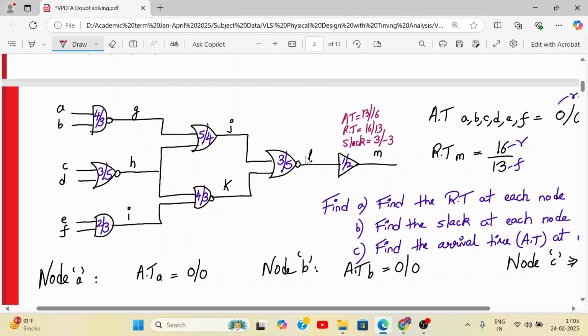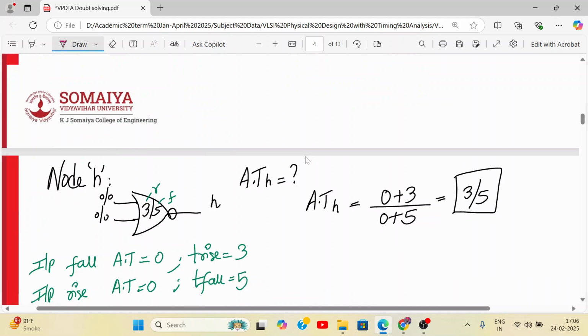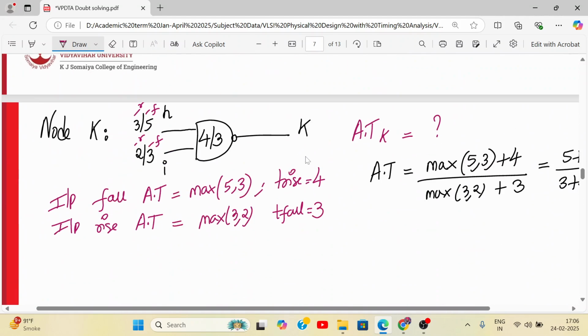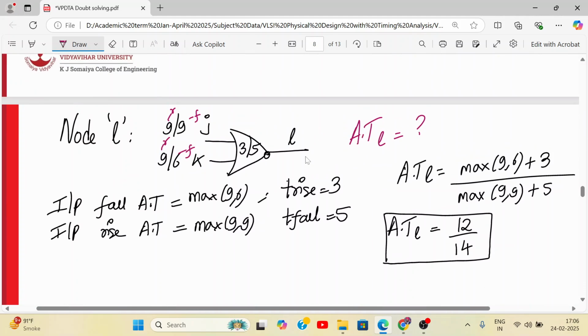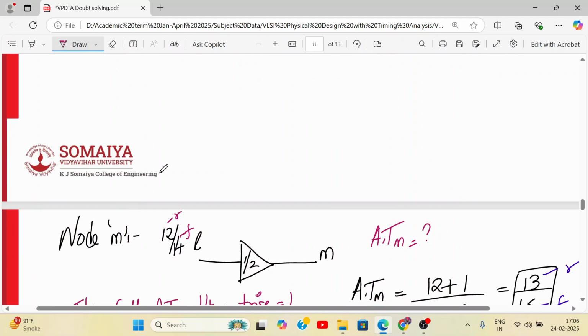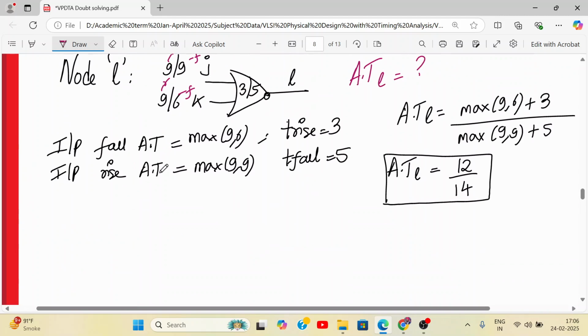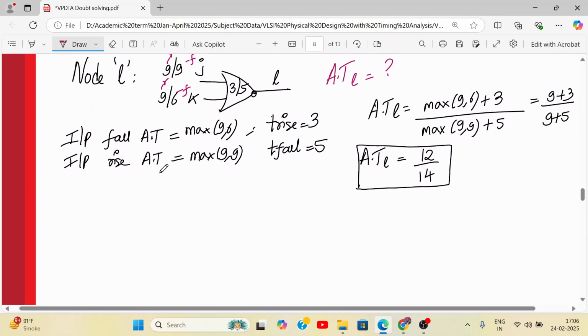Now we turn our attention to node L. Okay. So since we are going back, node L is coming from node M. Let us keep an open mind. So for node L we have to calculate the output rise required time.